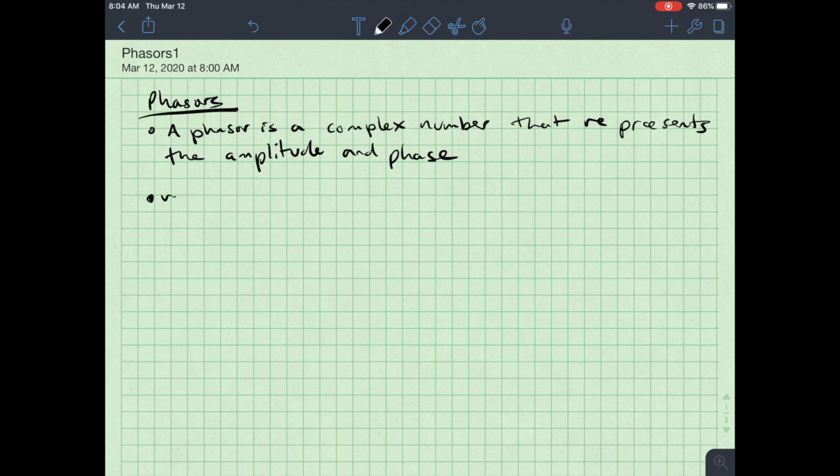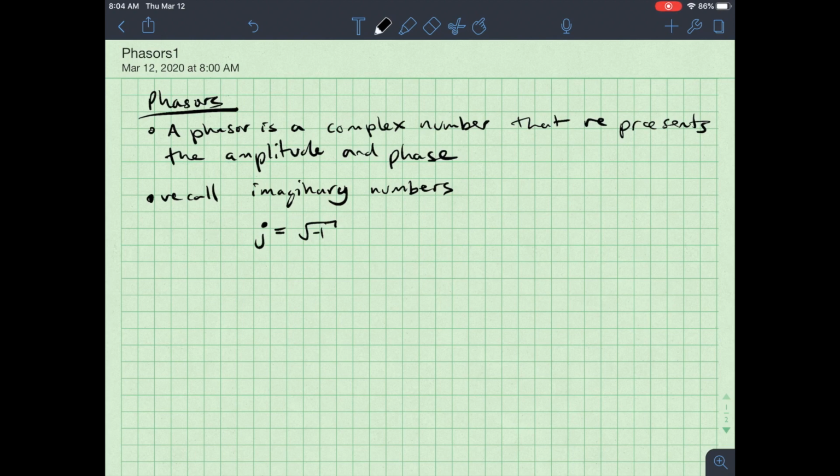Alright, so let's recall imaginary numbers, and we are going to use, instead of I, many of you probably have seen I as the imaginary number prefix, the square root of -1 in your math classes.